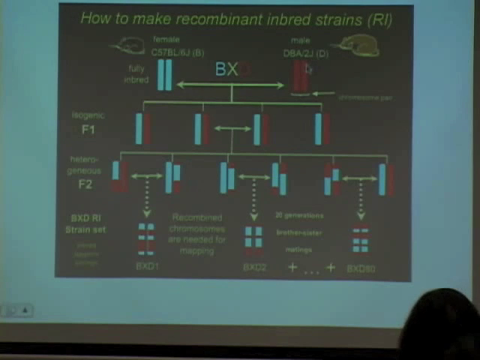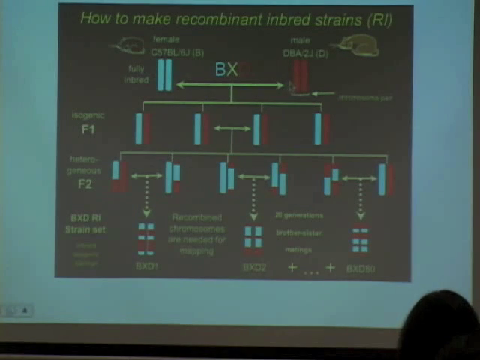So these are our F0s, and they had to be highly discrepant on our phenotype of interest. And I checked it out, and indeed these two strains were really discrepant on the size of their olfactory bulbs. All right, so that makes them good candidates for this kind of analysis.